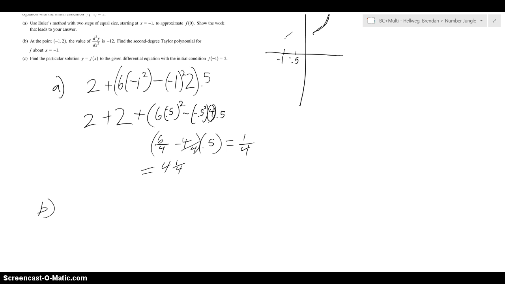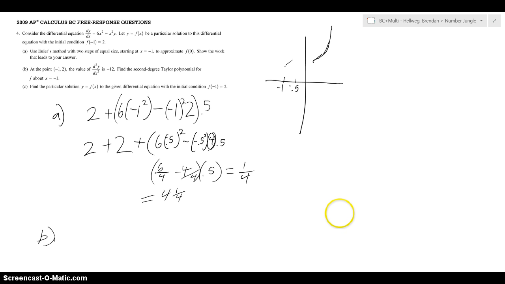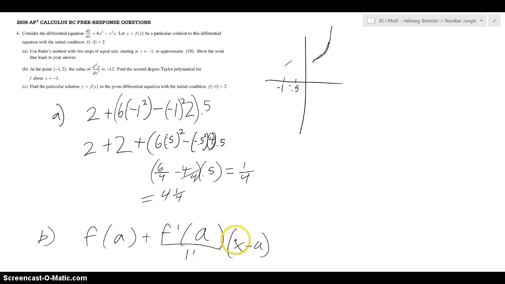So for this, what we're going to want to do is look at what a Taylor polynomial is, and the way you do it is, rather, it's f of a plus f prime of a over 1 factorial times x minus a, plus f double prime of a over 2 factorial times x minus a squared.